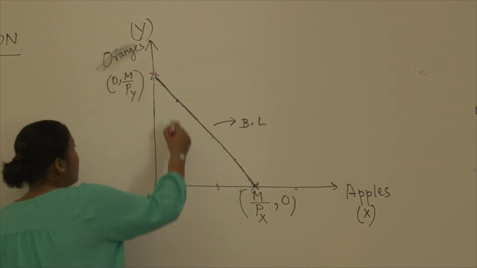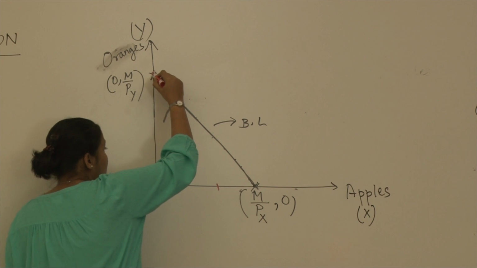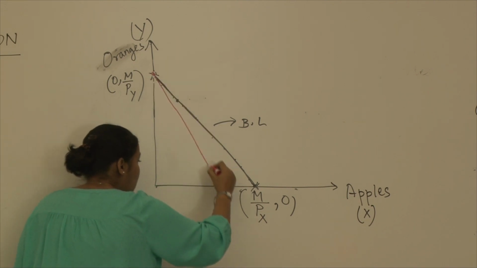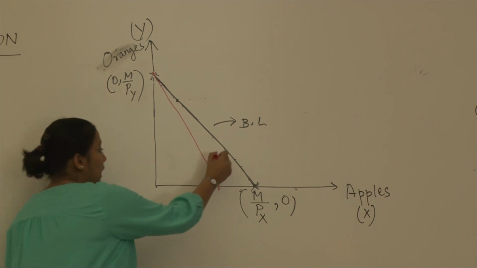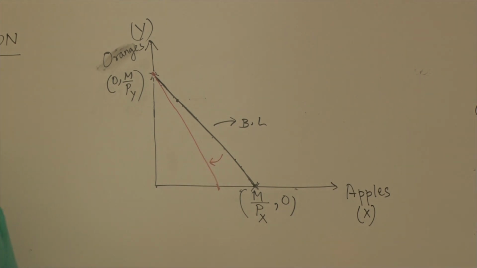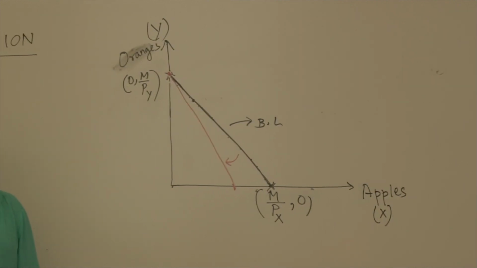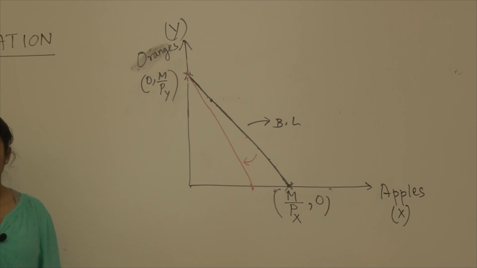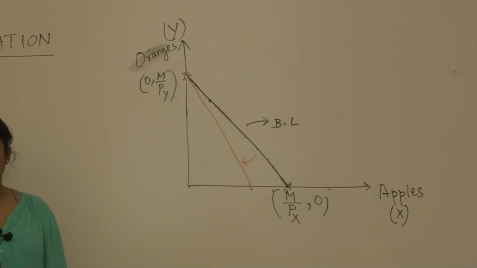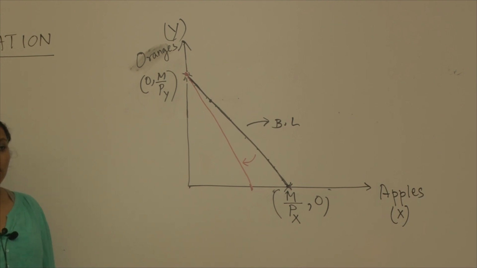So, whenever the price of x goes up, you have a tilt or a rotation of the budget line, something like that. It is an inward swing of the budget line along the x axis, with the y axis remaining fixed. It is an anti-clockwise swing of the budget line along the x axis. Is that clear?